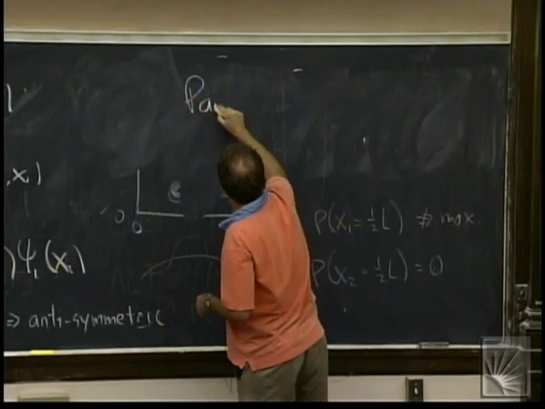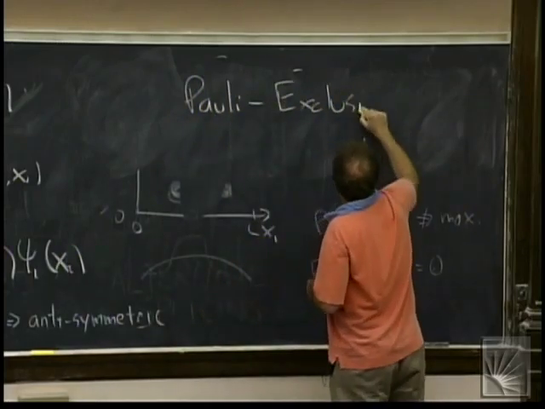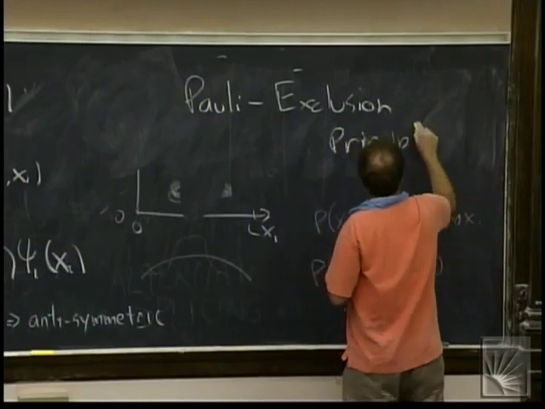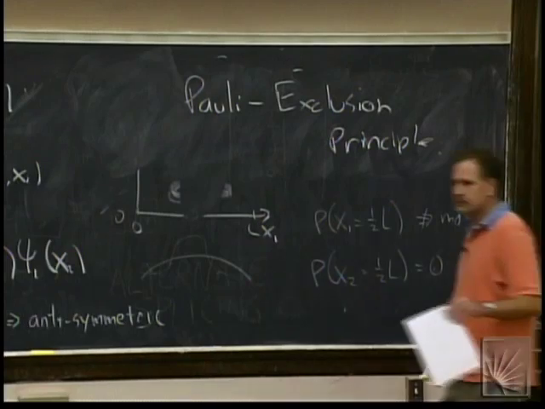And I imagine you guys have heard of the Pauli exclusion principle, named after Pauli, German physicist, one of the founders of quantum mechanics, along with Fermi, others. All right? And what's interesting is it amounts to a force, if you will.